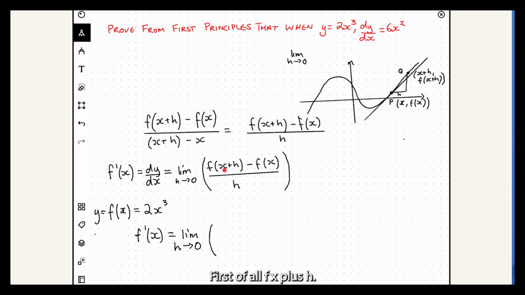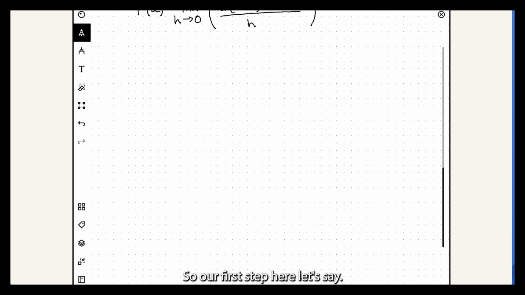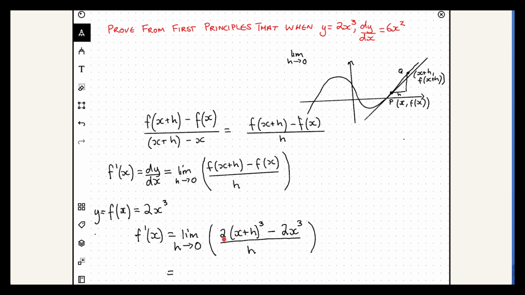First of all, f of x plus h. So this would be 2 into x plus h cubed minus f of x, which is 2x cubed, divided by h, and we would multiply this out. So let's do that. So our first step here, let's multiply out this. So the limit as h tends to 0.